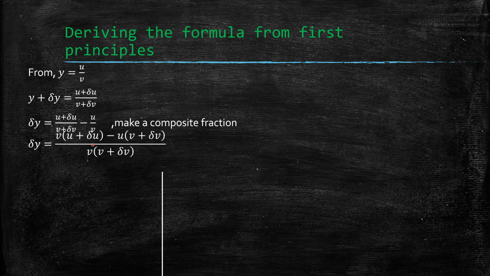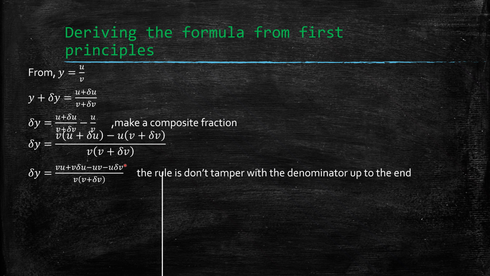So using the knowledge of O-level algebra, we shall have v into u plus small change in u, minus u into v plus small change in v, over v into v plus small change in v.